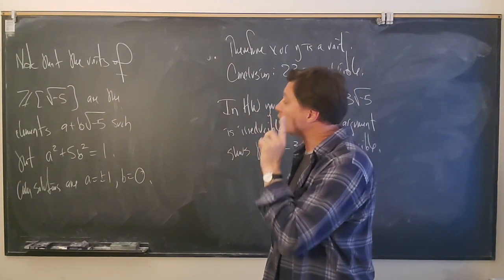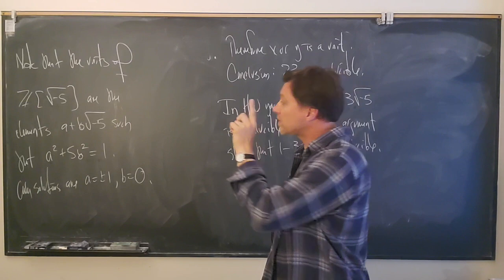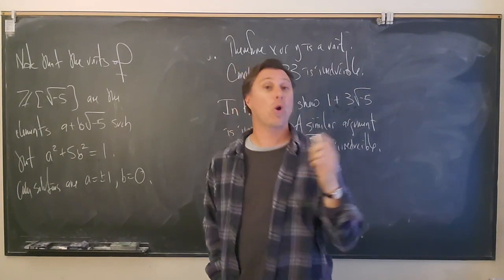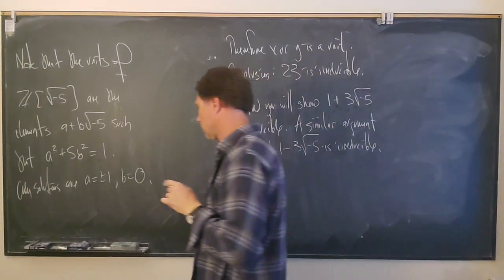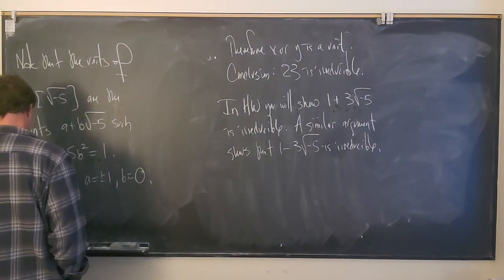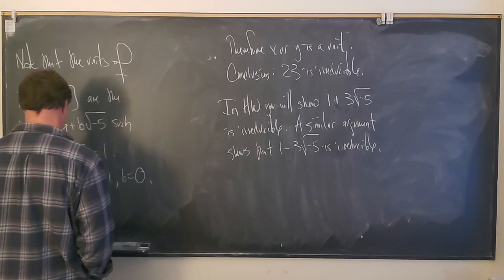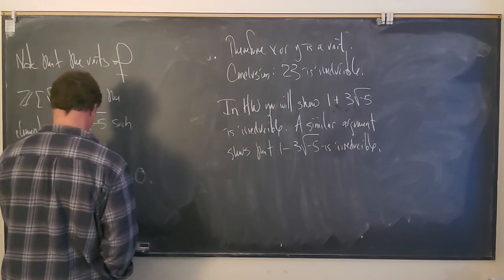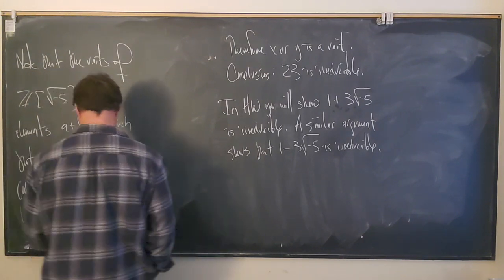So that means that the units of Z[√-5] are only plus or minus 1.